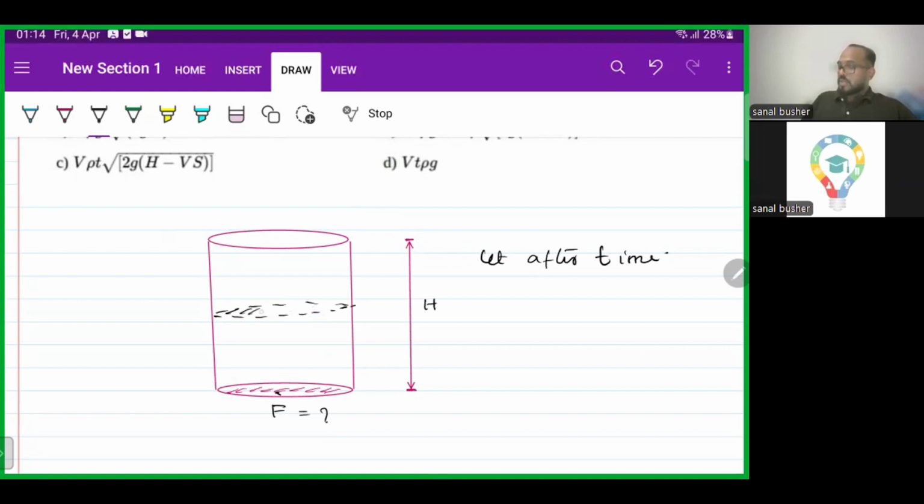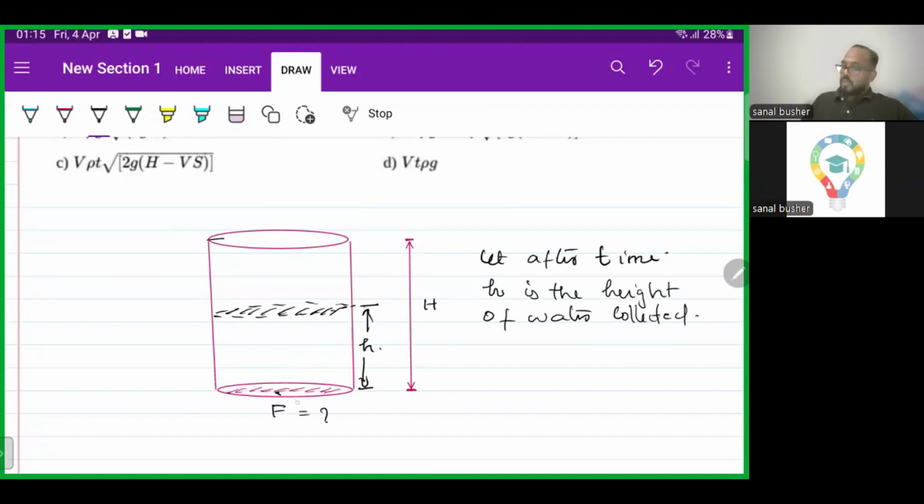You consider this much height of water level, which you take as H. From the top, water is falling onto the surface. After t time, H is the height of water collected. So this much water is collected.